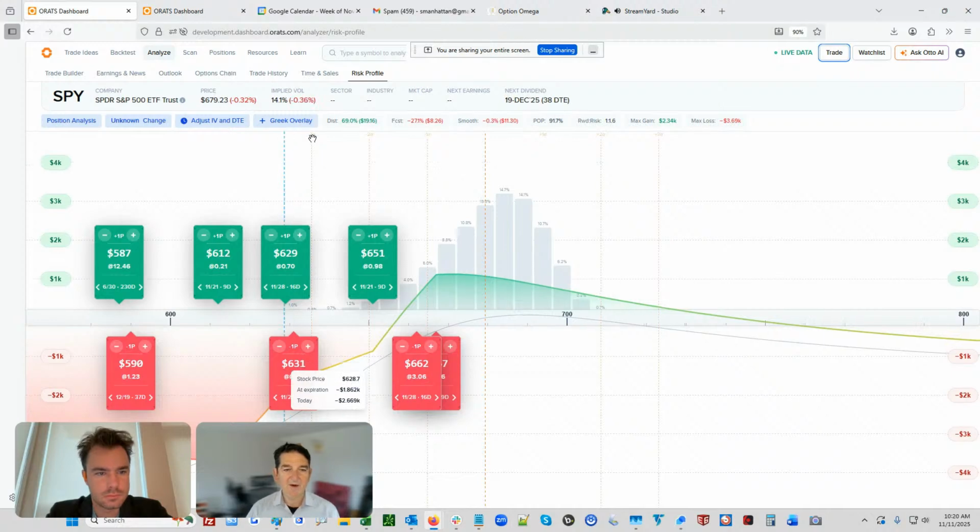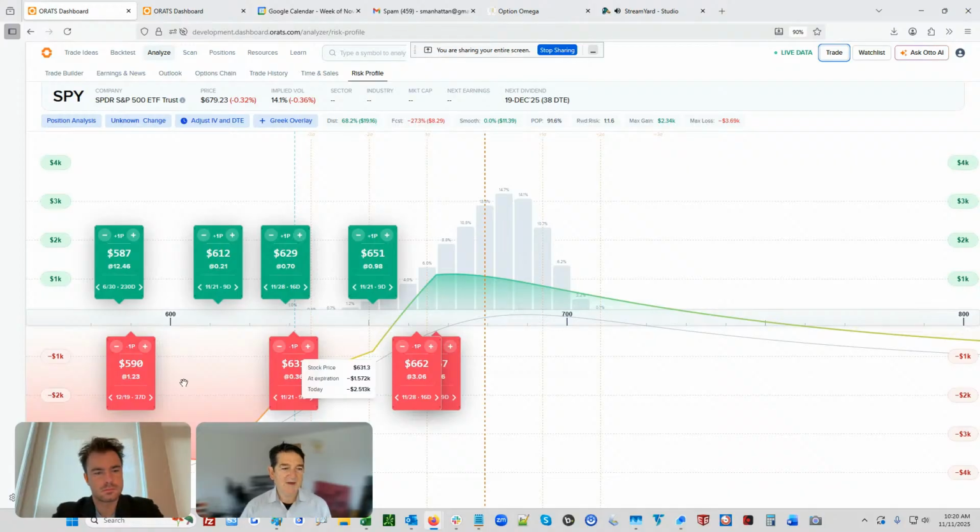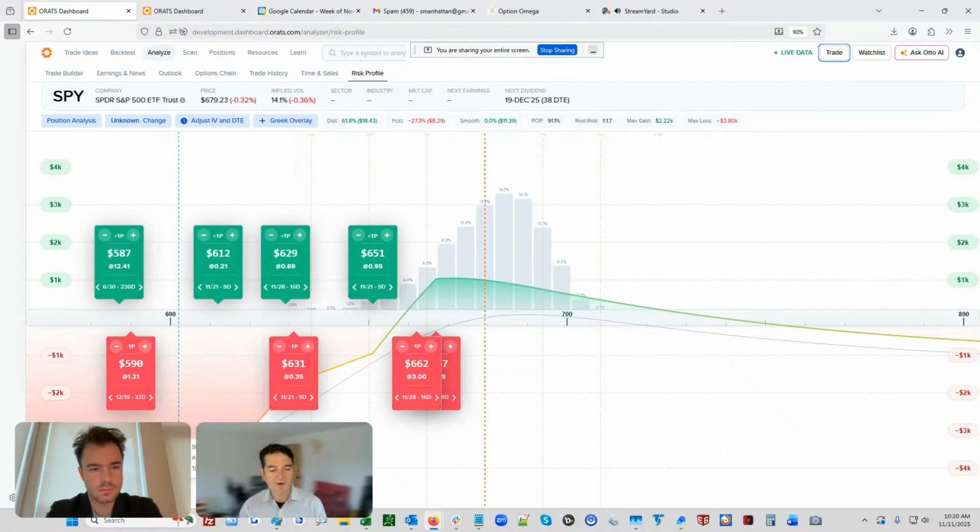Maybe you could see that on here, at this point right here. But you could see it continues out. So if there was a really big, multiple standard deviation move, we're in a little bit of trouble. Of course, I'm always protected, so it's not unlimited risk.